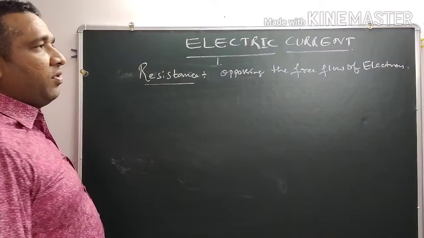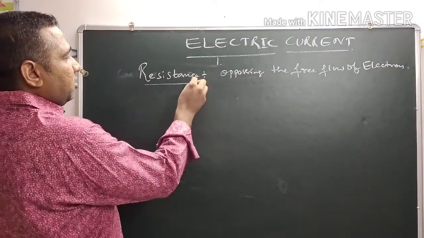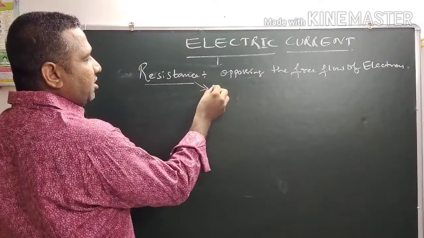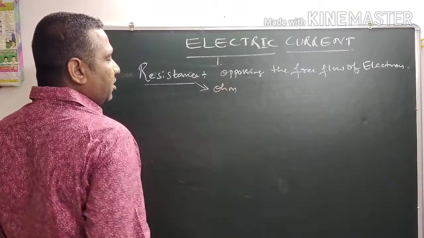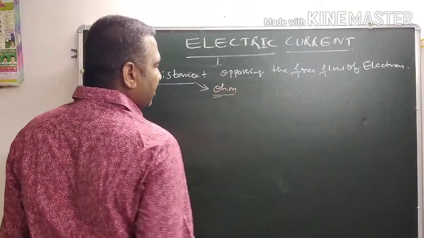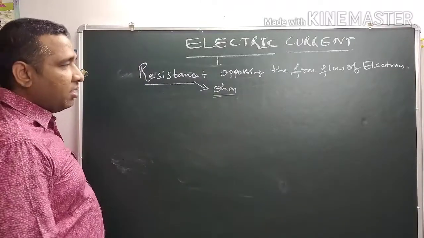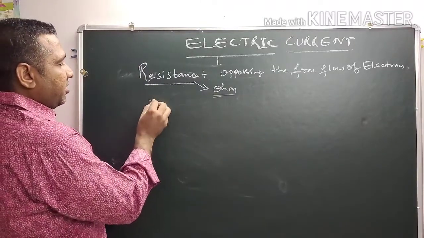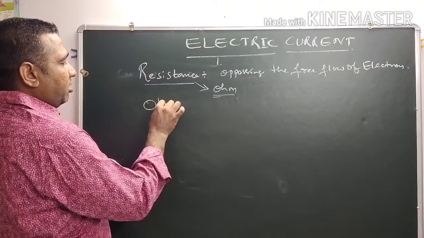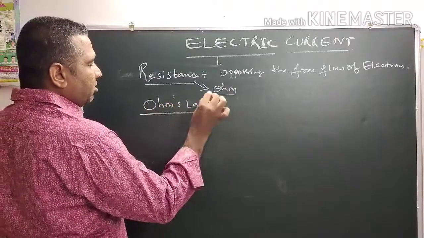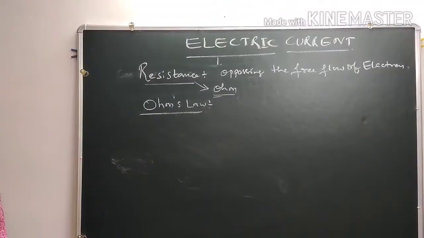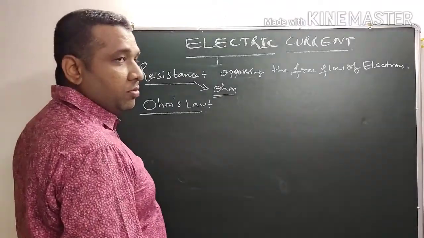As we discussed, resistance was considered by the scientist named Ohm, and he has given one statement regarding resistance. That principle is Ohm's law. So now we'll see what Ohm's law is.